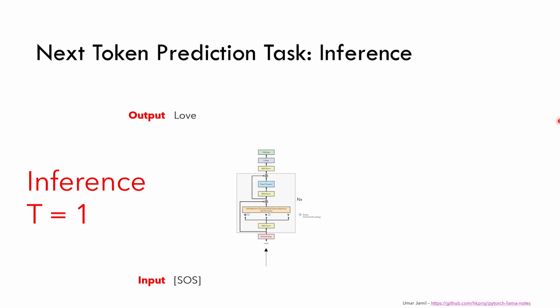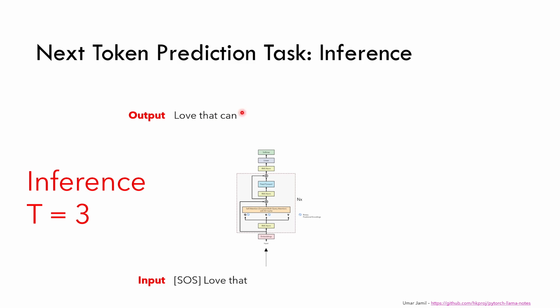So in this inferencing we start with the timestamp 1, in which we only give the input SOS, so start of sentence, and the output is "love". Then we take the output token here, "love", and we append it to the input, and we give it again to the model, and the model will produce the next token, "that". Then we take the last token output by the model, "that", we append it again to the input, and the model will produce the next token.